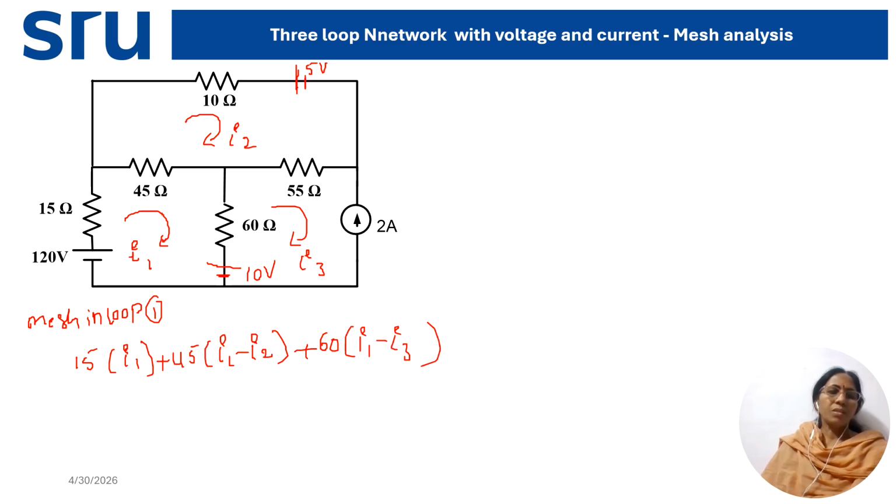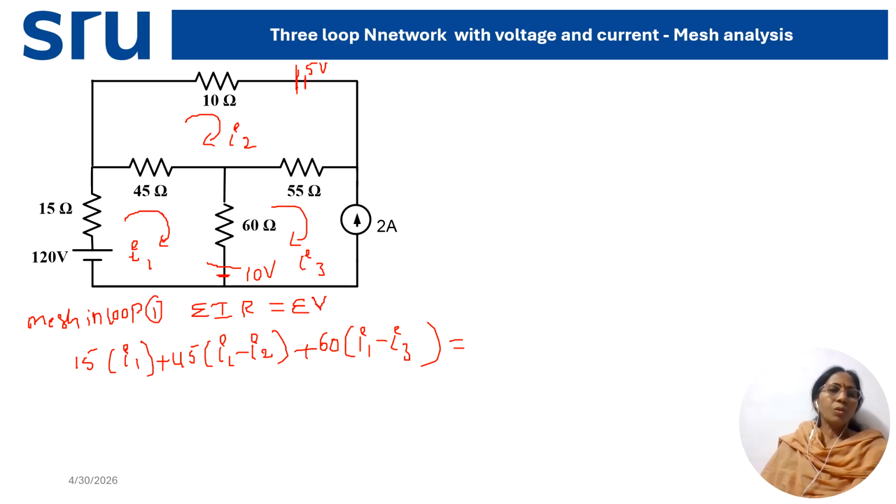So all the resistors I have written on the left side. Now look at the voltages on the right side. Sigma IR, the voltage drops, I write on the left side, equals the algebraic sum of voltage sources on the right side.